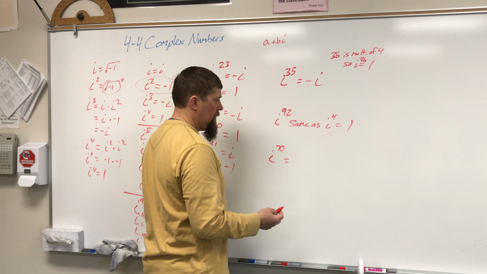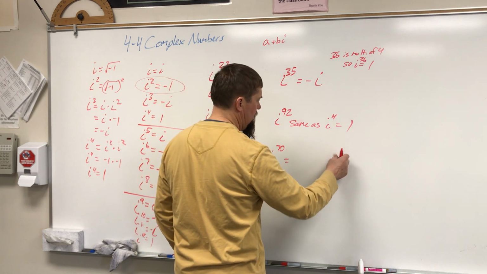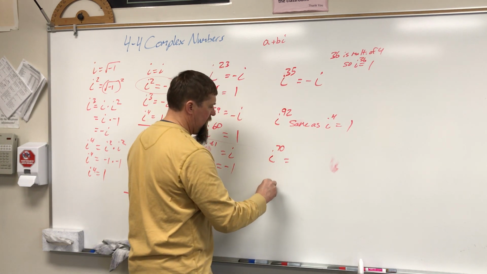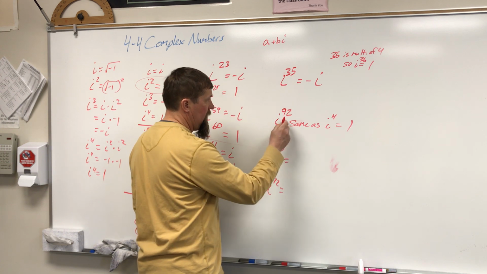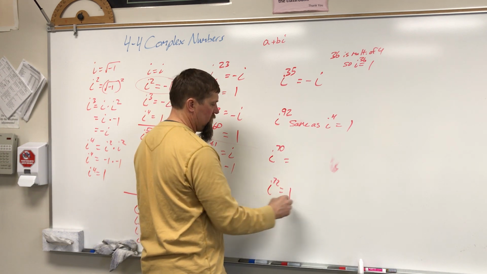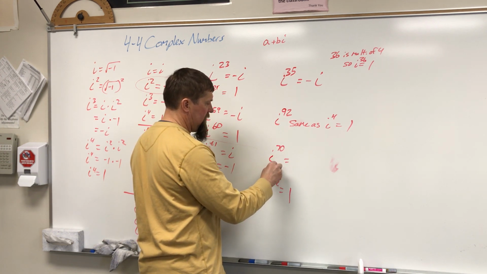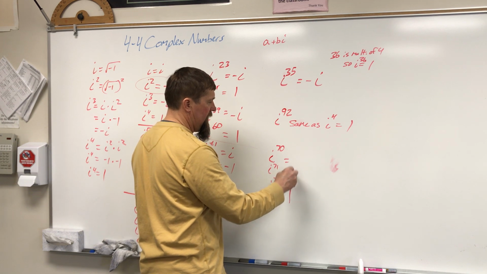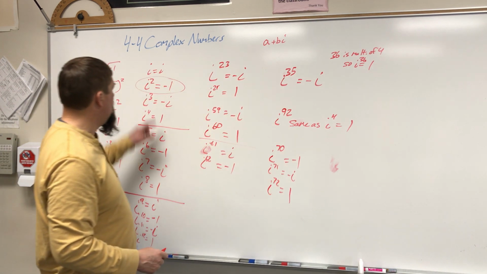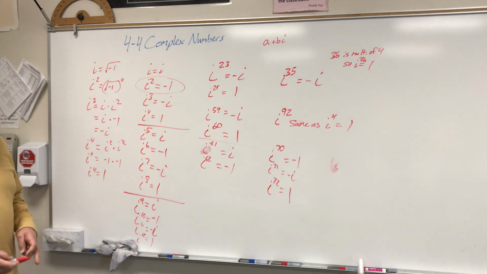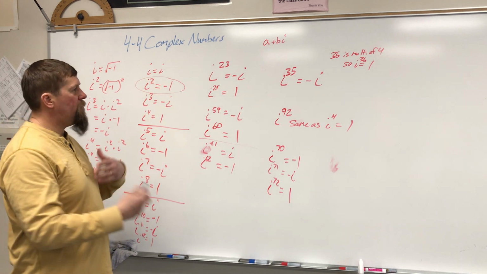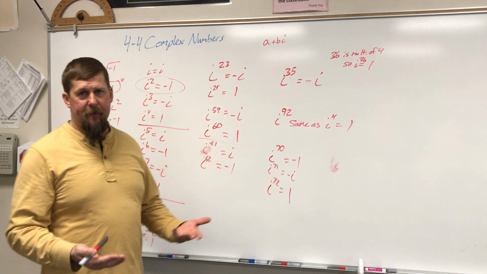Well, i to the 72nd is the same as i to the 4th, which is 1. i to the 70th is 2 before that, so this is -1. That's the same as i squared. Okay? So we are looking for a pattern with the powers of i.